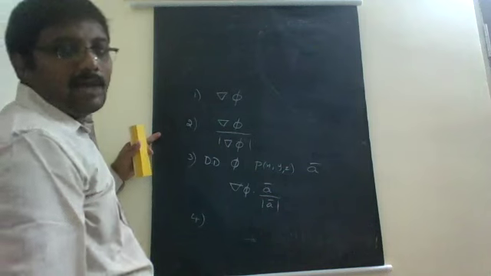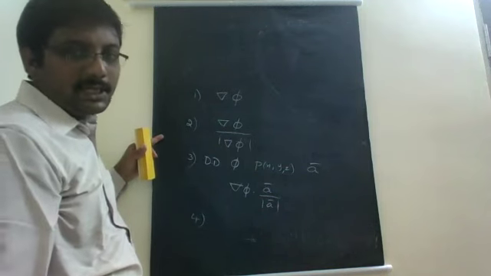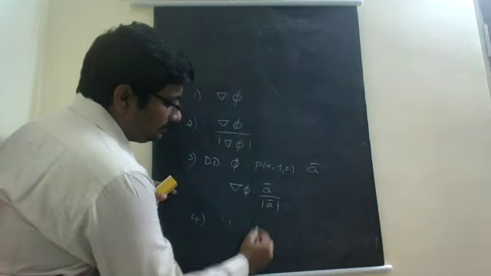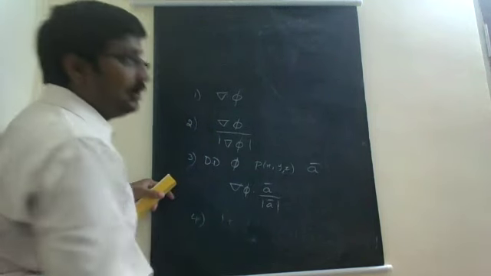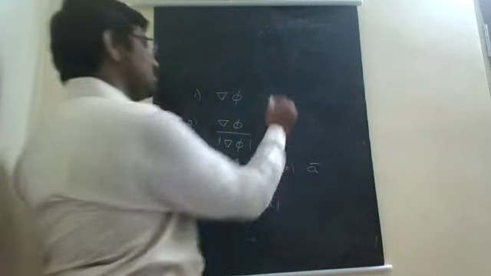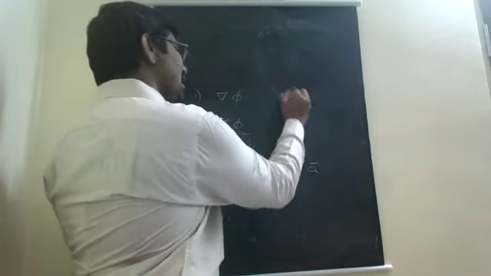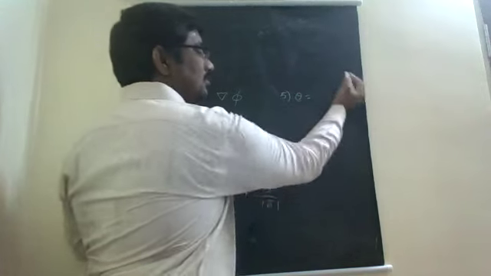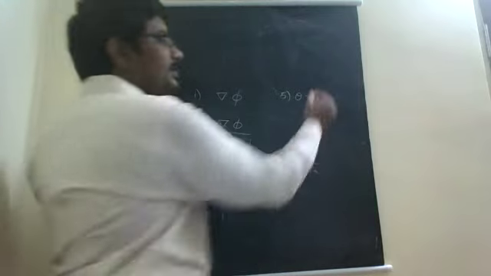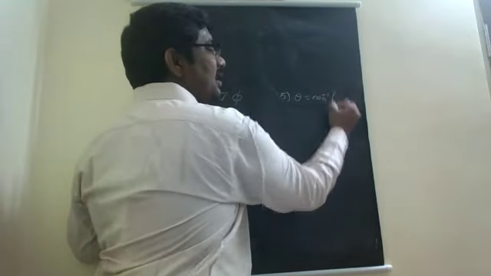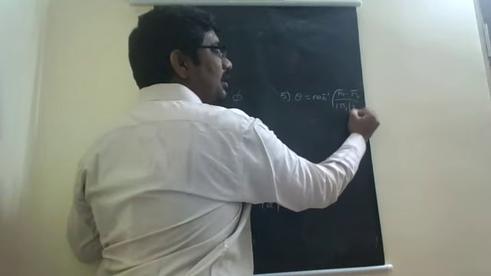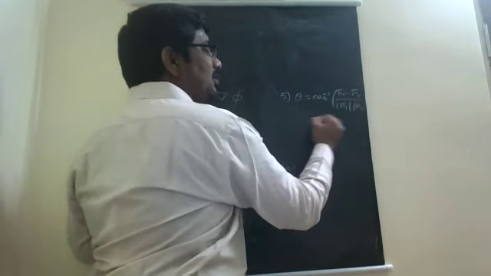And we have the maximum directional derivative or greatest directional derivative, which is given by modulus of del phi. And last but not least, the formula for theta: the angle of intersection of two surfaces or two normals or two spheres is given by theta equals cos inverse of n1 bar dot n2 bar by modulus of n1 bar into modulus of n2 bar.